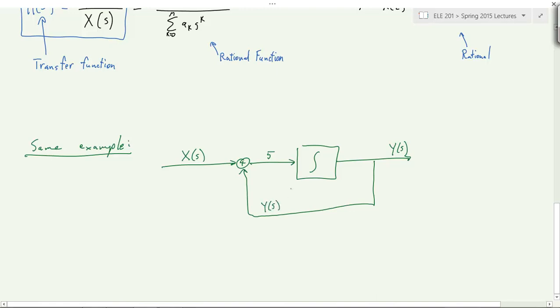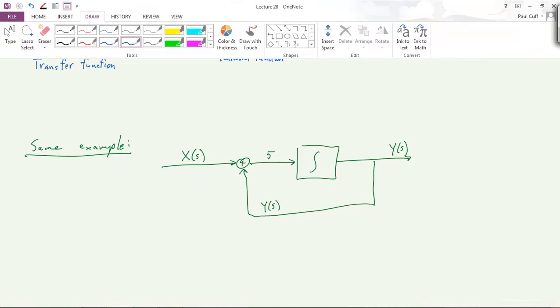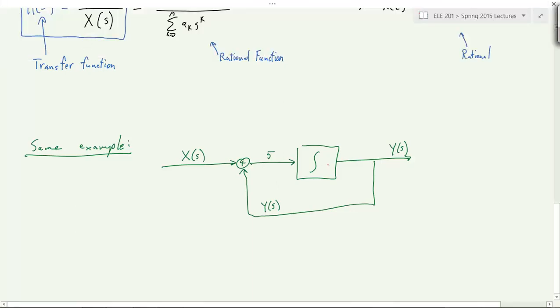It's the same steps, but some people find this less confusing than writing out the differential equation. The integrator in the Laplace domain is simply a multiplication by 1 over s.